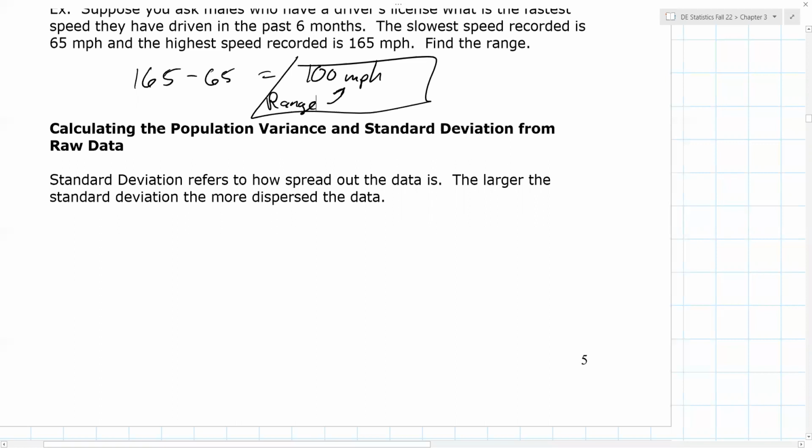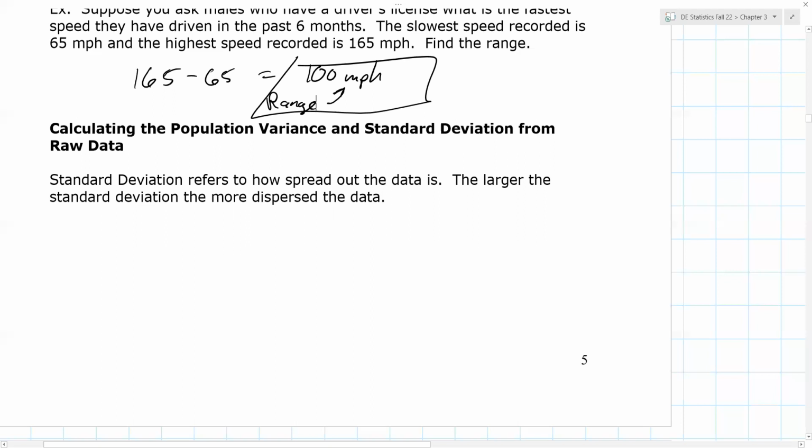And it's weird because in our calculations, you'll see that we find variance first. And then once we find the variance, we take the square root of it to find standard deviation. But when you look at our labels, our label for standard deviation is either sigma or s. And then for variance, it's sigma squared or s squared.